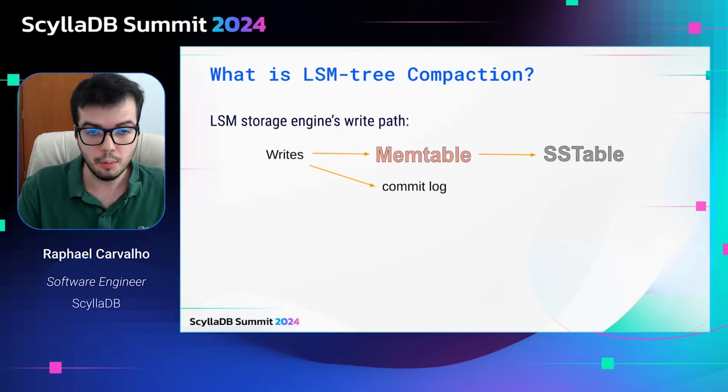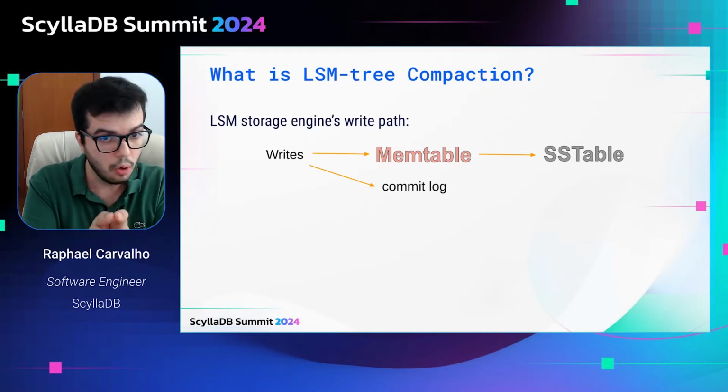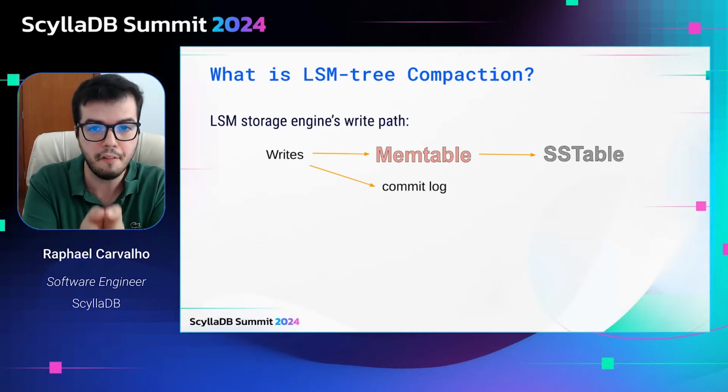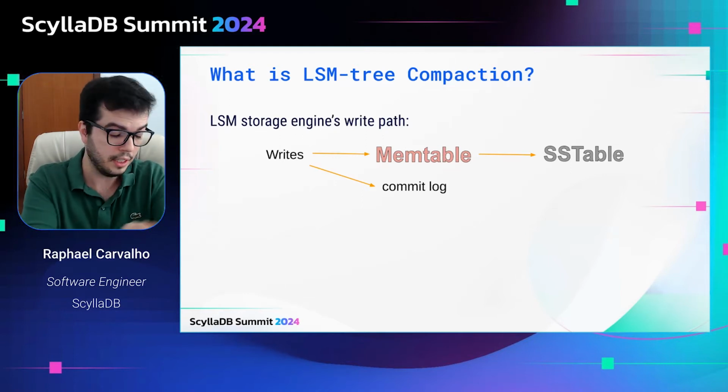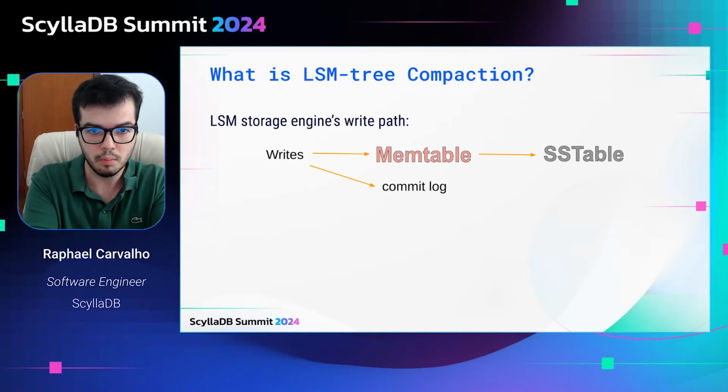Memory is a limited resource. So those memtables have to be periodically flushed into a new sorted file, which we know as an SSTable. Similarly, the SSTables are also sorted, and SSTable means sorted string table.